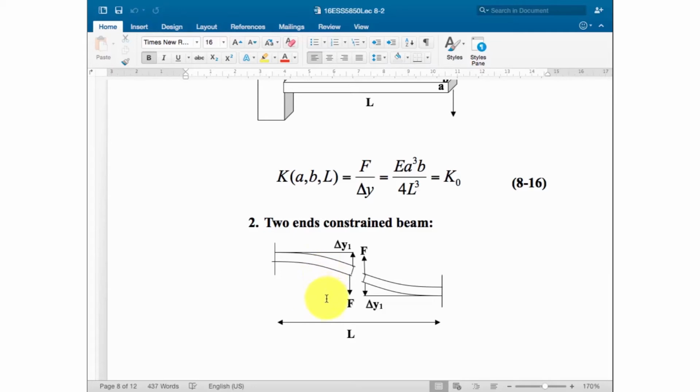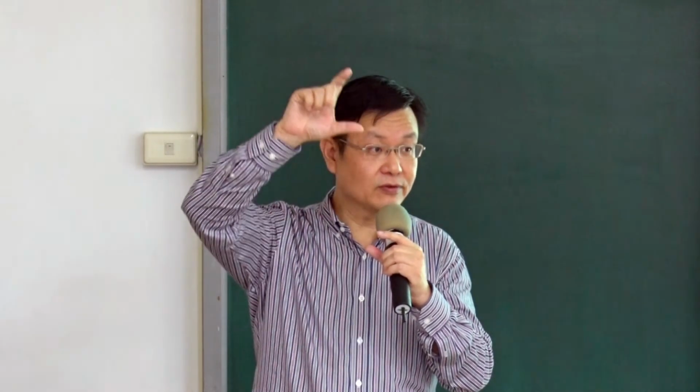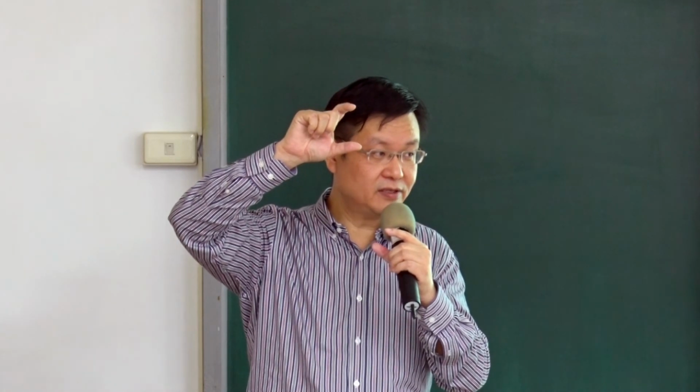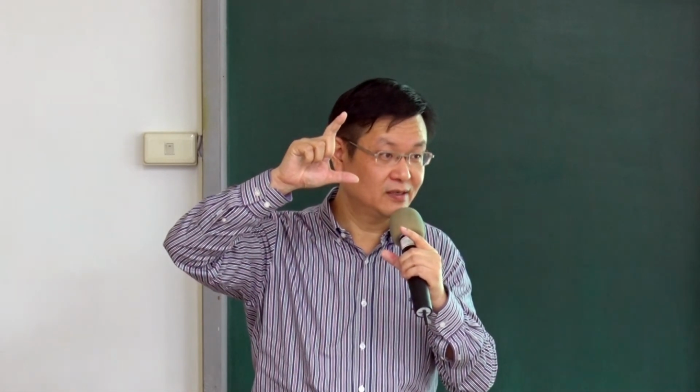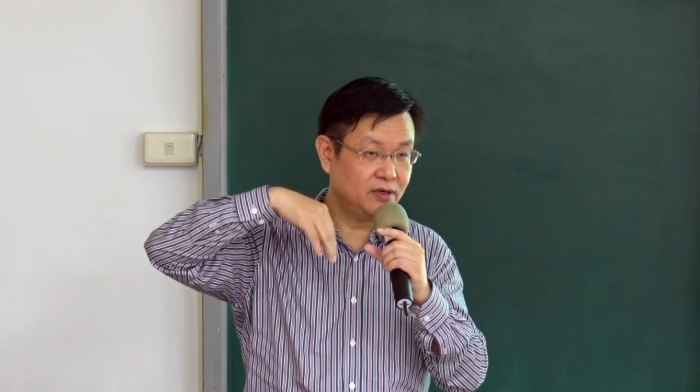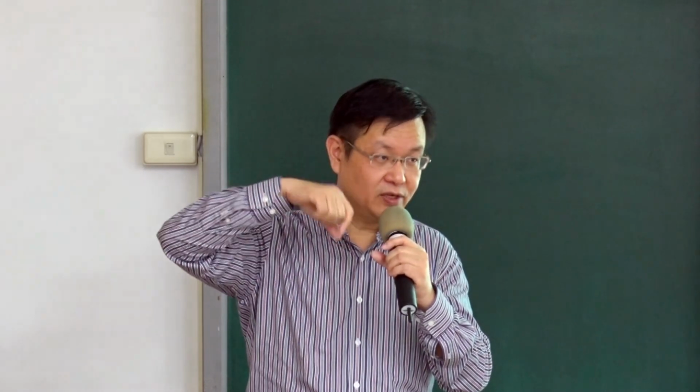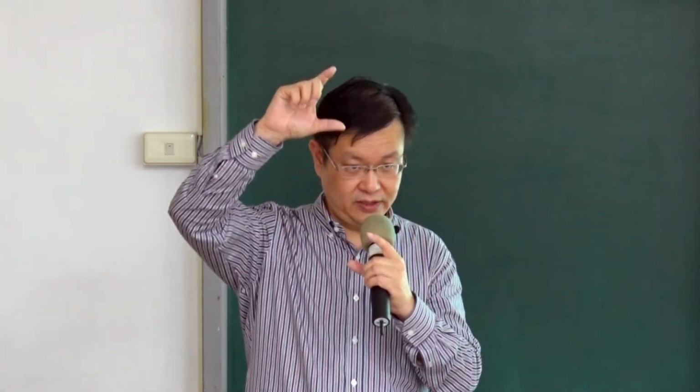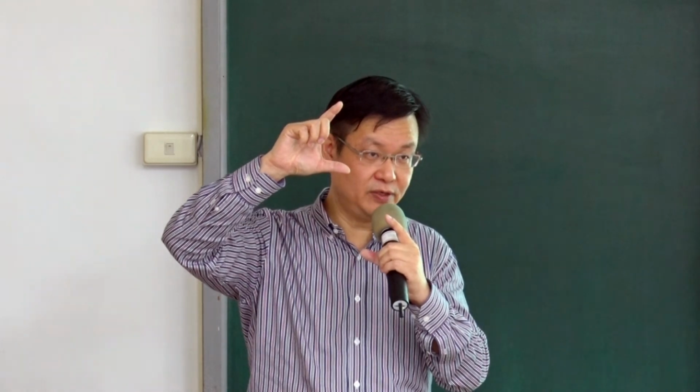This kind of spring connection we call a series connection. When you connect two springs in series, the deformation will be doubled when they are under the same force. That means the spring becomes softer. You apply the same force, but you get double the extension. That means the spring becomes softer.